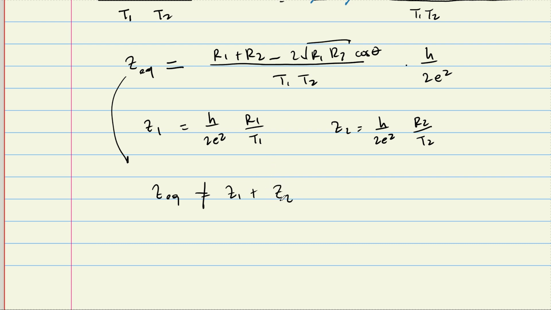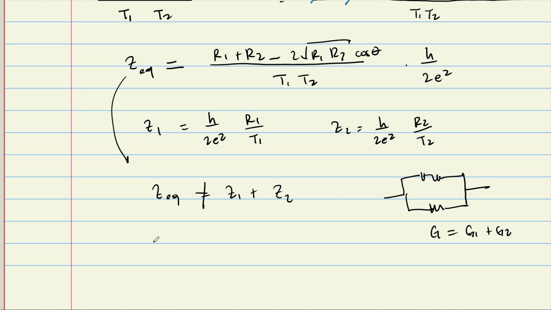Earlier, in the discussion of the Aharonov-Bohm effect, we have seen that conductances do not simply add, G is not equal to G1 plus G2, because of interference effects.